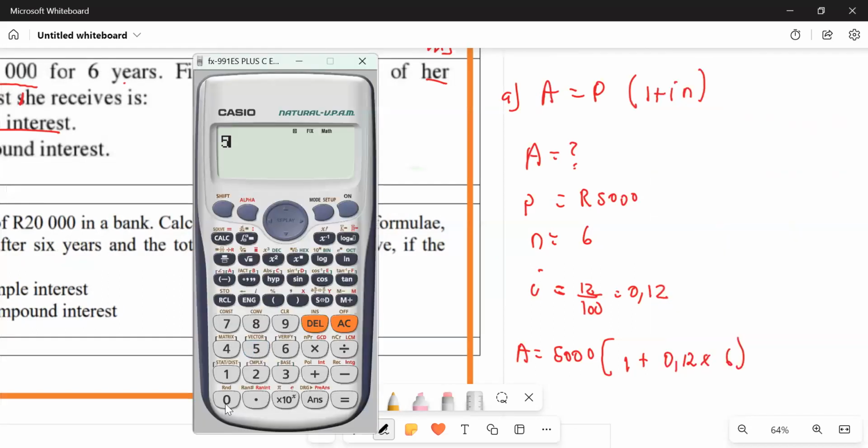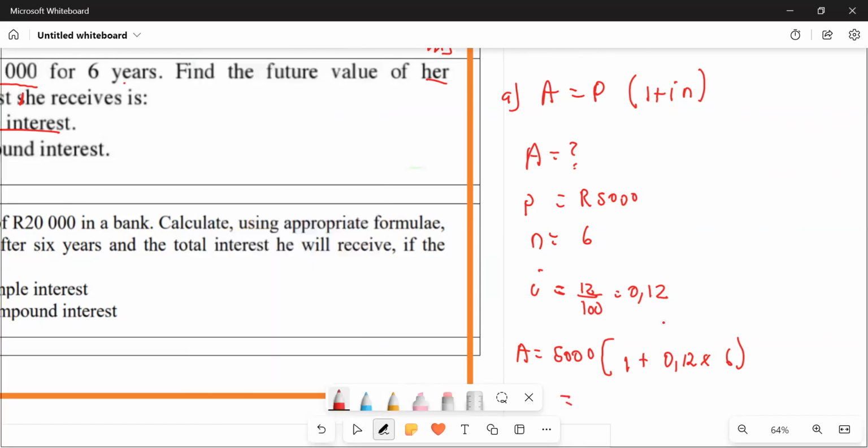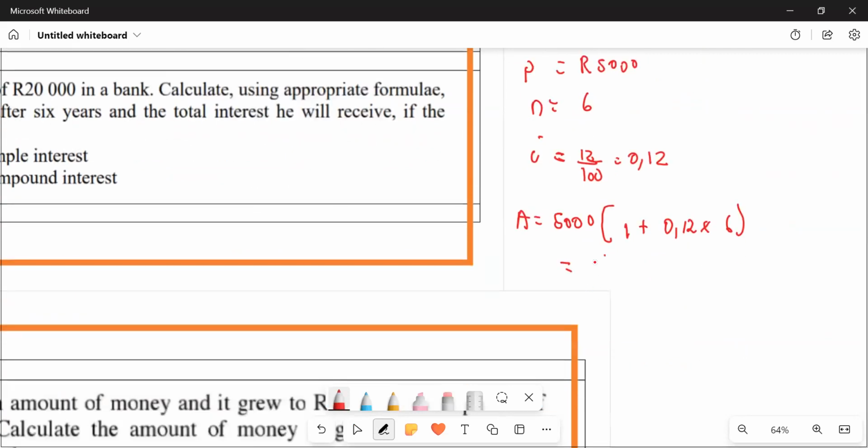So you have 5,000, open bracket, 1 plus 0.12 multiplied by 6, close bracket. Now your calculator will know what to start with first. What you get is 8,600.00. So Khoto after 6 years is going to have 8,600 again.